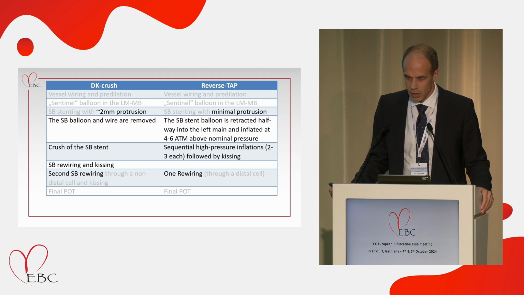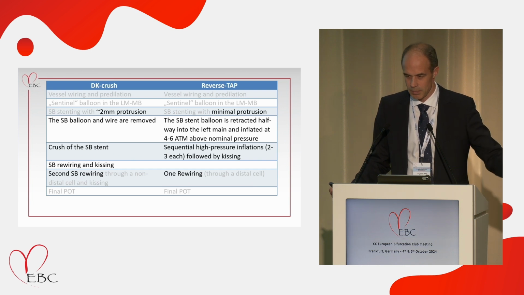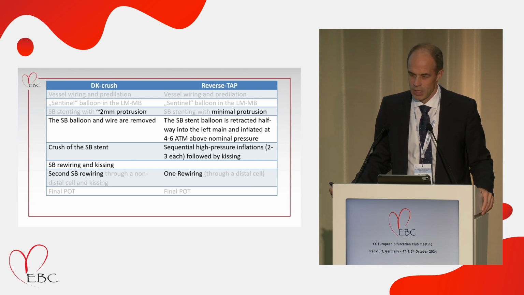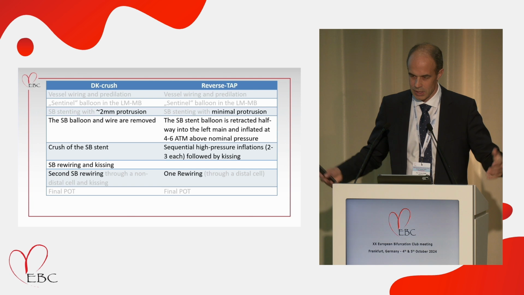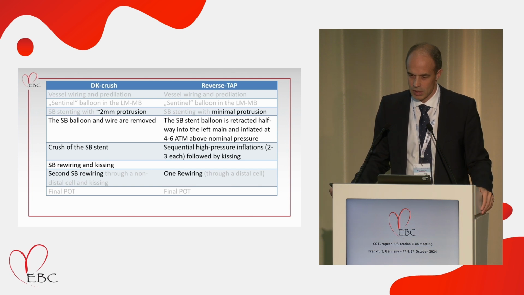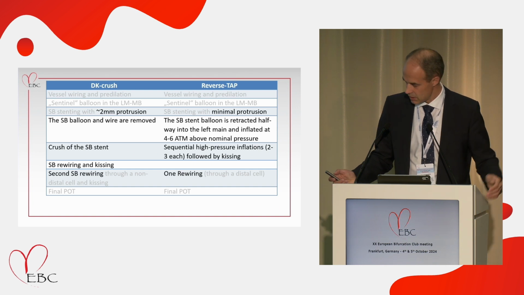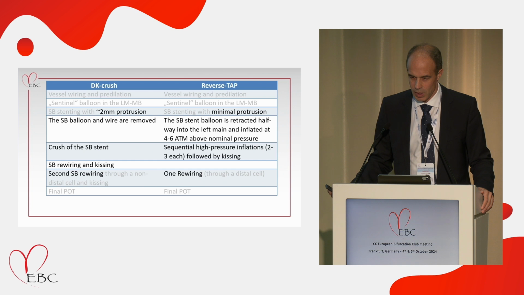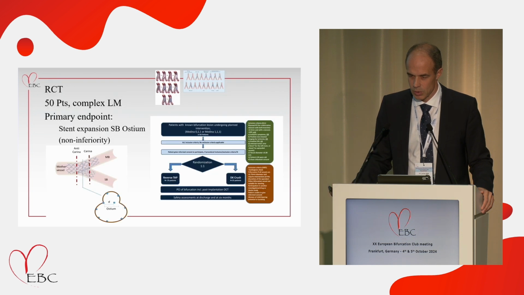It will require only one rewiring and then very, very aggressive alternate inflations of the main branch and side branch balloons in order to obtain dilatation of both the ostia. It would require no crushing, as I said, but flaring across the circumferential extent of the side branch ostium. And of course, just one rewiring as compared to two rewirings.